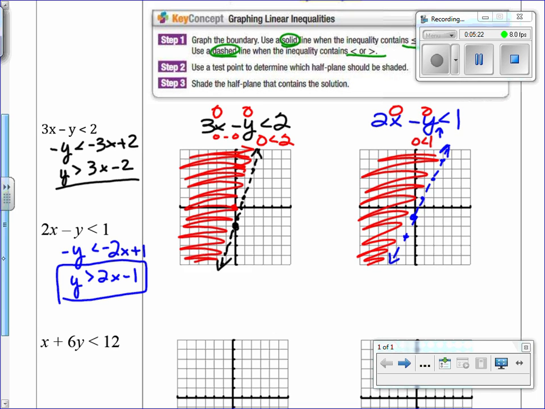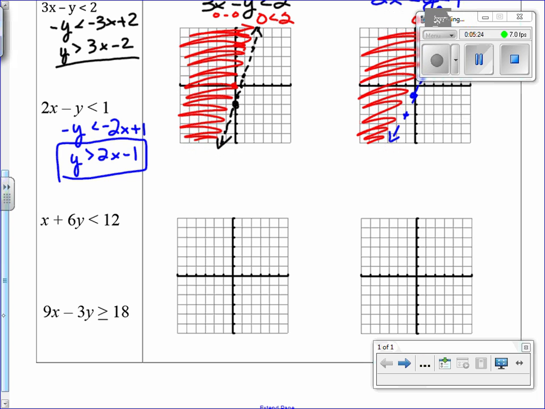Okay, let's move on. I have x plus 6y less than 12. So I have 6y less than negative x plus 12, y less than negative 1/6 x plus 2. I got that by 12 divided by 6 is 2.